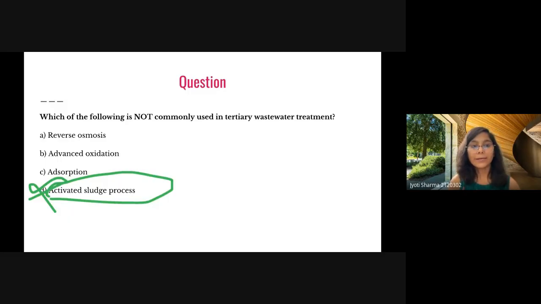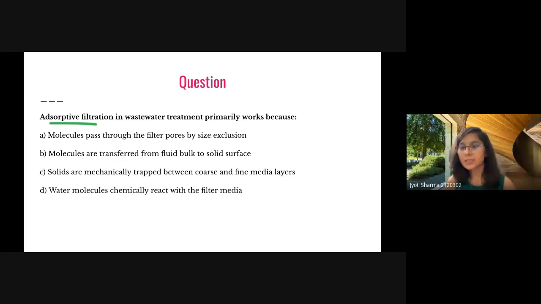Okay, so right now we are talking about adsorptive filtration. Adsorptive filtration in wastewater treatment primarily works because molecules pass through the filter pores by size exclusion, molecules are transferred from fluid bulk to solid surface, solids are mechanically trapped between coarse and fine media layers, or water molecules chemically react with the filter media.